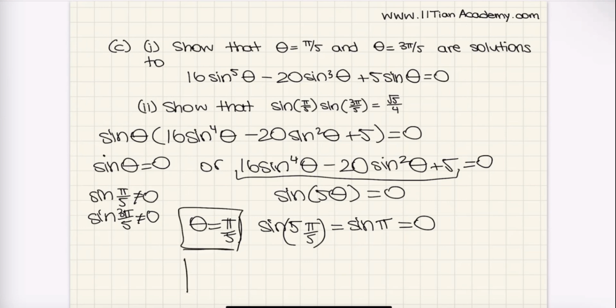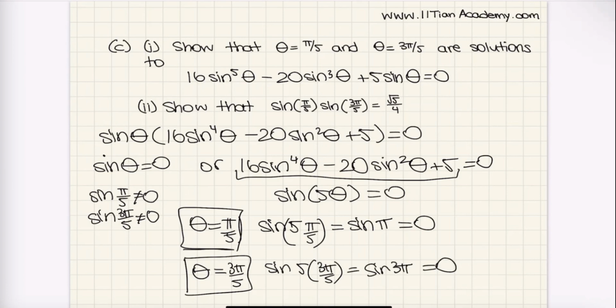Then we can make the same argument for the second one, theta equals 3 pi over 5. So we have sine 5 times 3 pi over 5, which is sine 3 pi. And sine 3 pi is also 0, because this is in the exact same spot as sine pi, just 2 pi ahead of it. And so that shows that both of these are solutions.